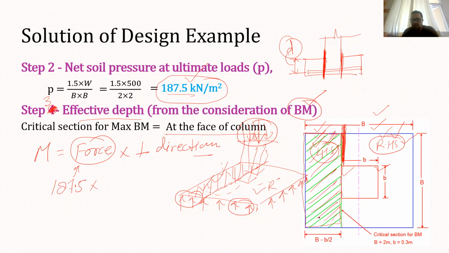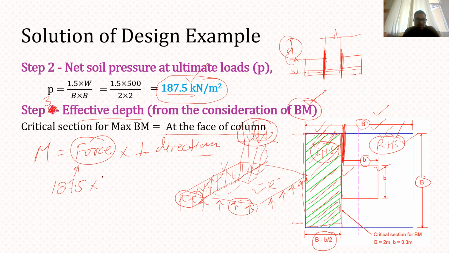The width of this area is B minus small b by 2. Now small b is the side of the column and capital B is the side of the footing. So the width of this area will be (B minus b) by 2, and this one is this B value.